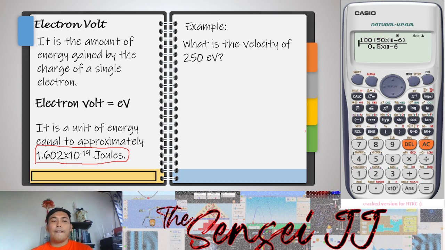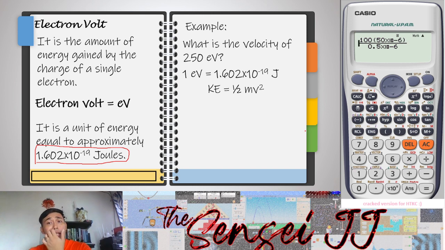So, yan. Paano nga ba natin makukuha yung velocity natin sa ating 250 electron volts? Okay, so first off, we have to get our kinetic energy. And we know that 1 electron volt has a value of 1.602 times 10 raised to negative 19 joules.